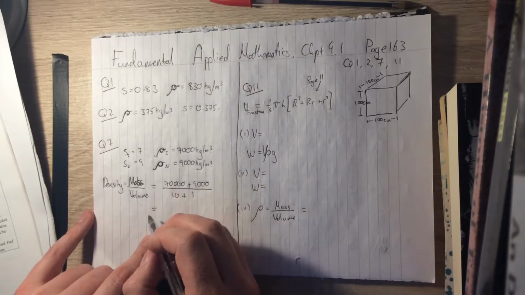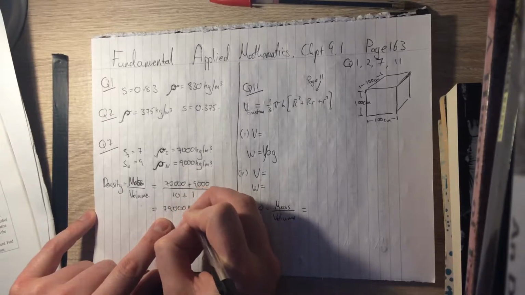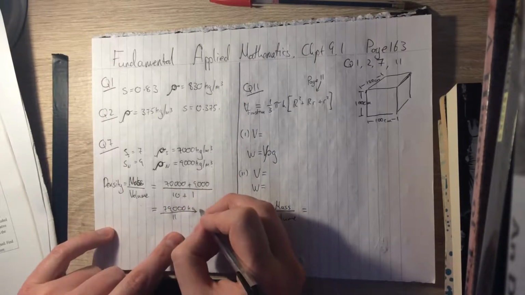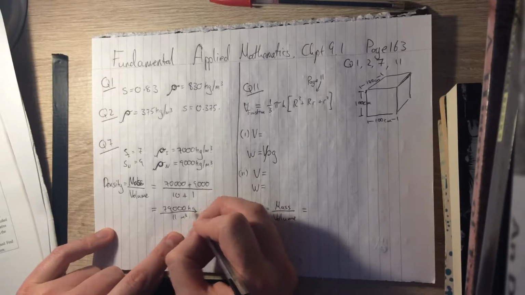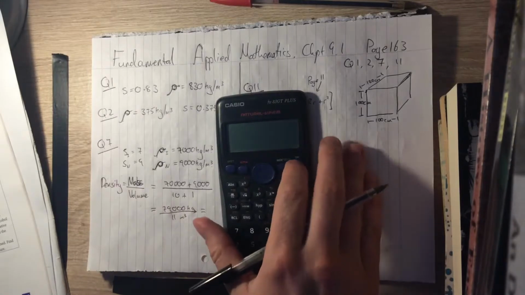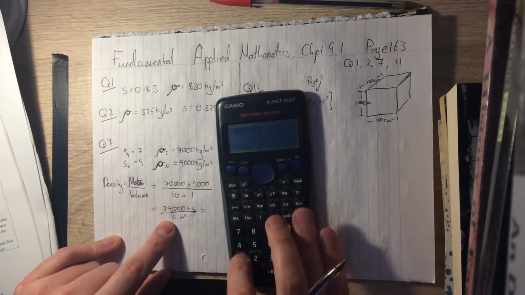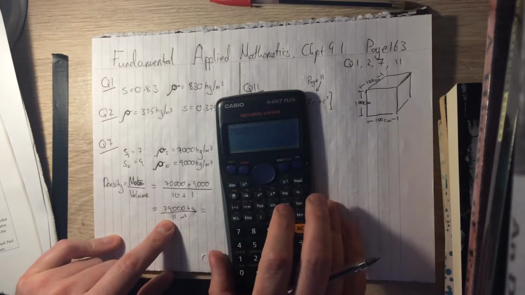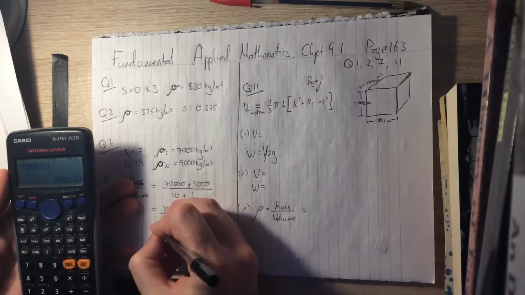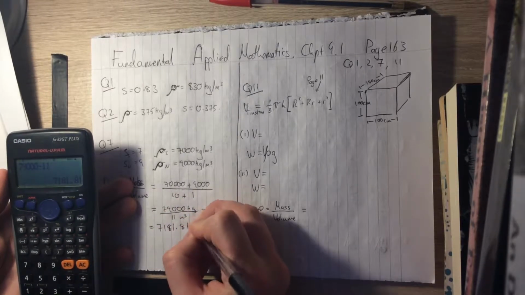You get the same answer here, which is 79,000 kilograms for every 11 meters cubed, which will be a density of 79,000 over 11, 7181.8 kilograms per meter cubed.